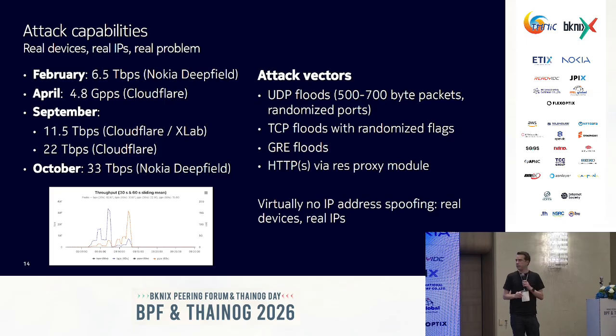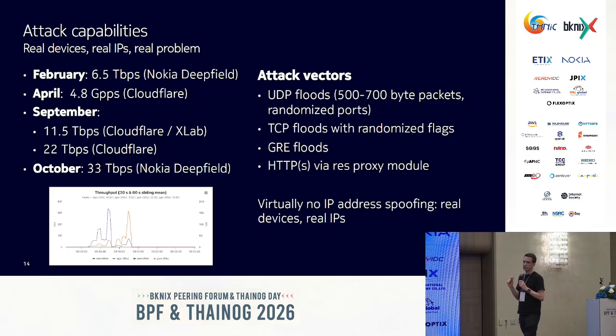I won't go into too much detail here, but just to show you the escalation of the tonnage of those attacks from Kimwolf and similar types of botnets, we saw many tens of terabit per second attacks. It has quieted down a bit this year after the law enforcement action.